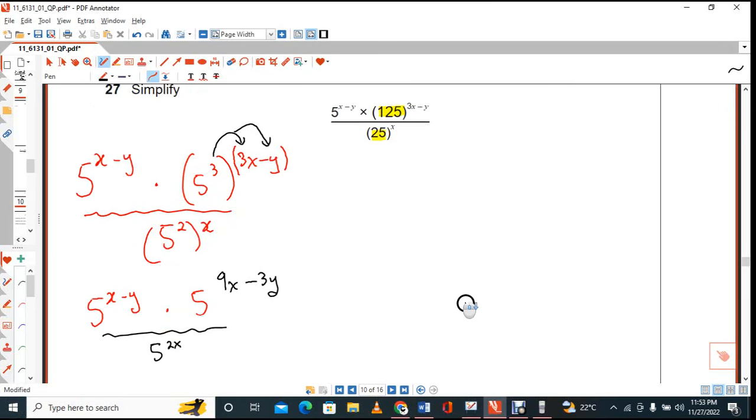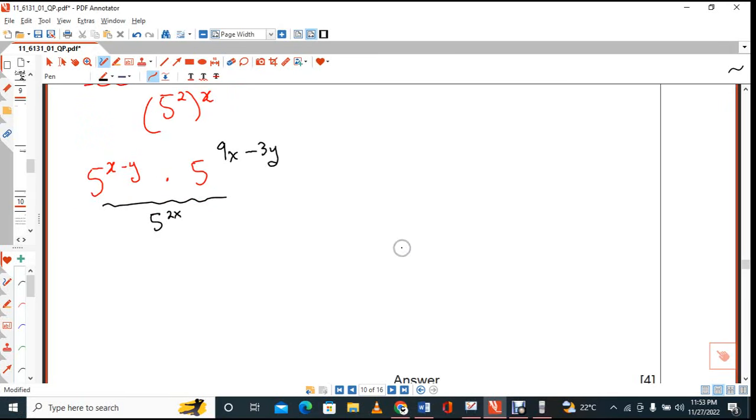Once you multiply and the bases are the same, you go ahead and you add the indices on top. So I will have 5 to the power x minus y. I'm going to add 9x minus 3y. Now I don't need to put brackets here, but I'll do that anyway. Okay, right.